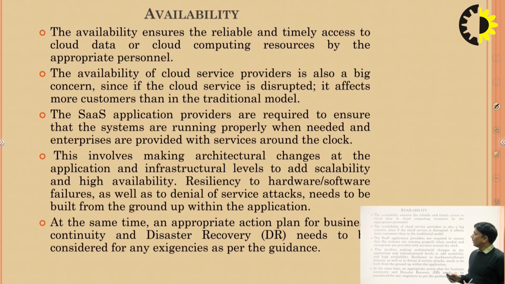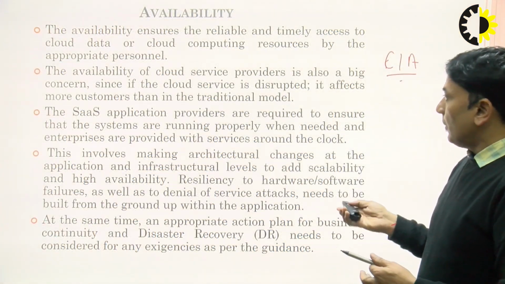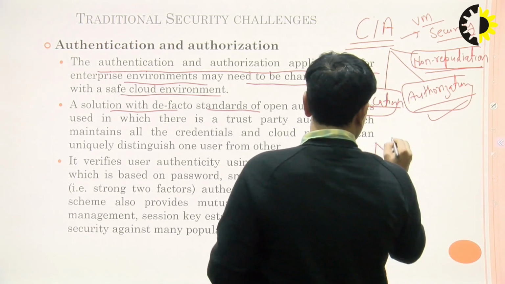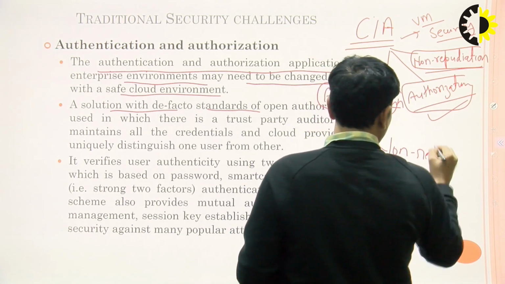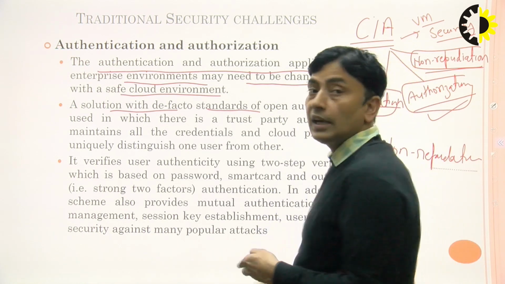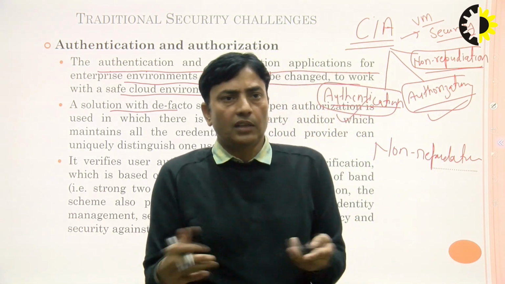So next is availability. I have already told you that it comes in the CIA pattern. Availability is also already covered, and there is a term, non-repudiation. Non-repudiation means denial. That is, when we commit a mistake and later deny it, saying I was not there.